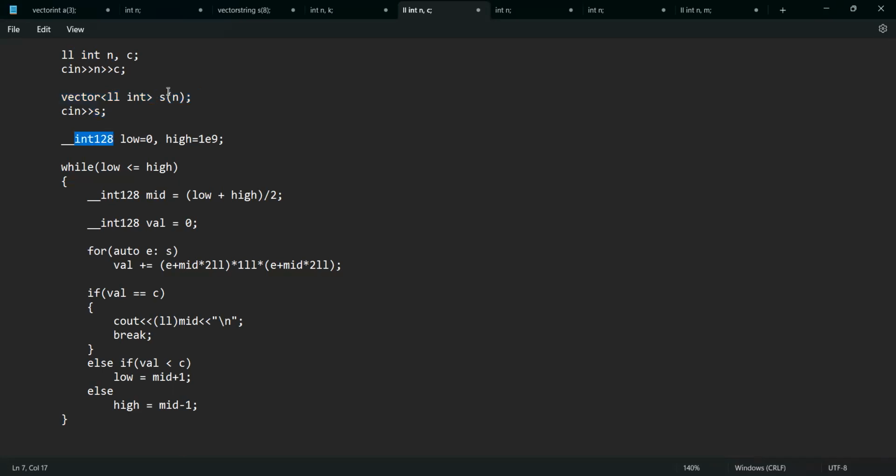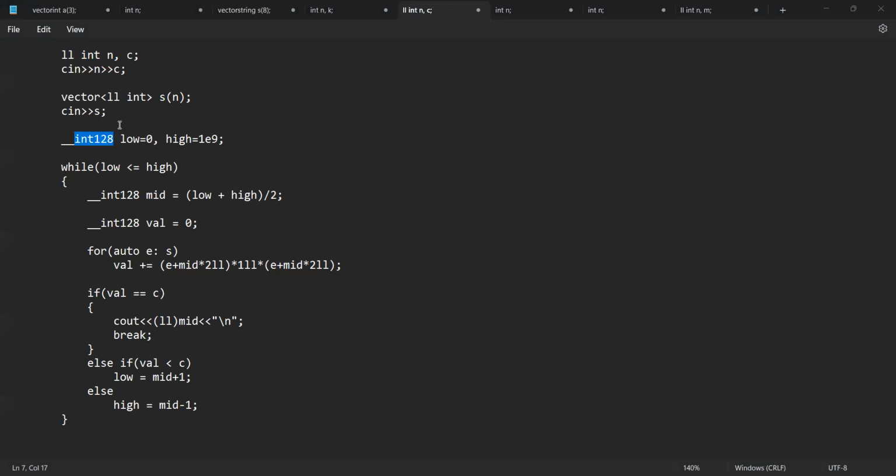It is nothing but, see, a long integer has 64 bits, right? A usual int has 32 bits. Int 128 has 128 bits. I'm not sure that you actually require this, but I just took it to make sure that the solution doesn't face any overflow issues.